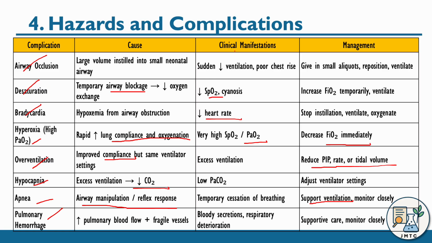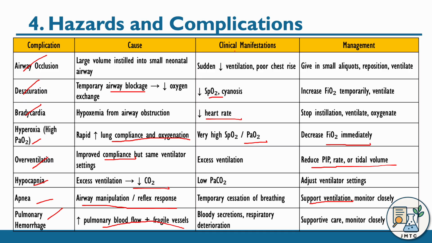So, kapag nagbigay tayo ng surfactant, what happens is, pwedeng yung blood flow pupunta the wrong way. Extra blood goes to the lungs. So, yung effect nito, there will be fluid overload, respiratory distress.